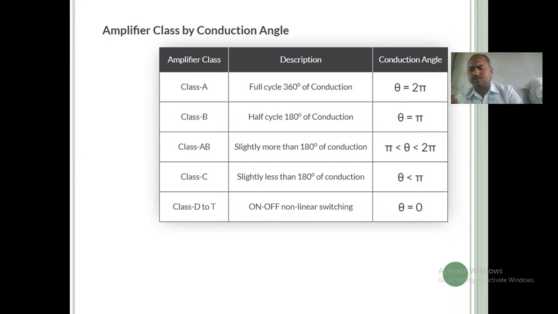Small indicates that it has a very small period. It is near about 0 degrees. It is not exactly 0, because 0 degrees indicates that no signal is coming, right? Near about 0 degree period of the signal is the output of your class D to T type of amplifier. Okay, so these are the different amplifiers with their conduction angle and operating period.